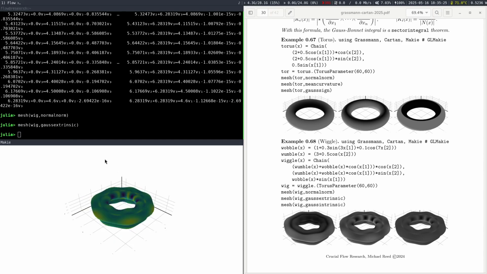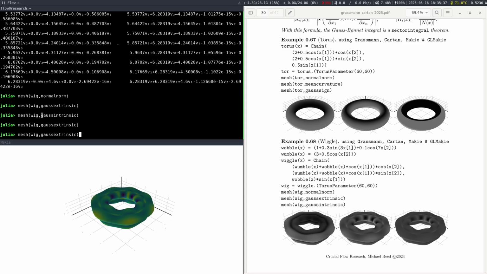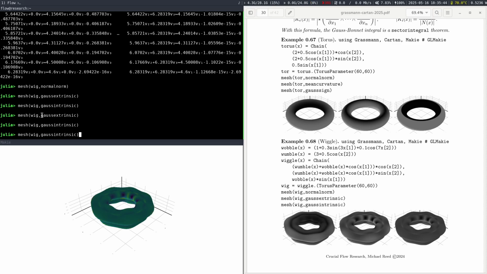here we have the Gauss extrinsic and the Gauss intrinsic. They have different brightnesses. You see that?